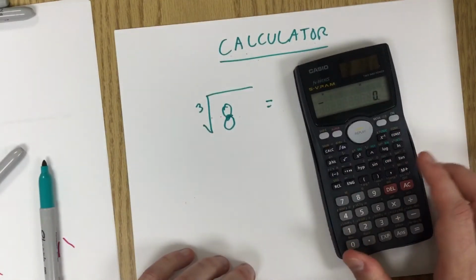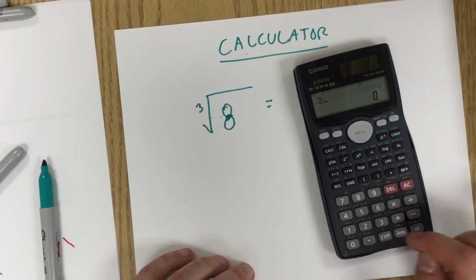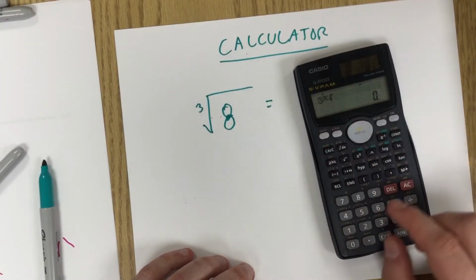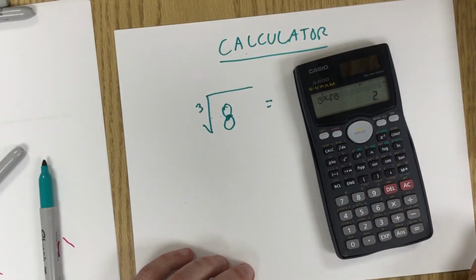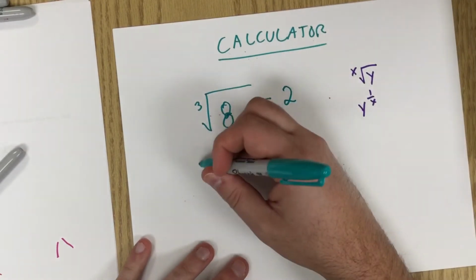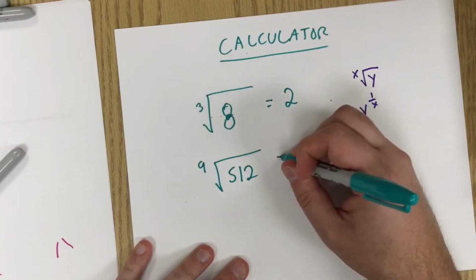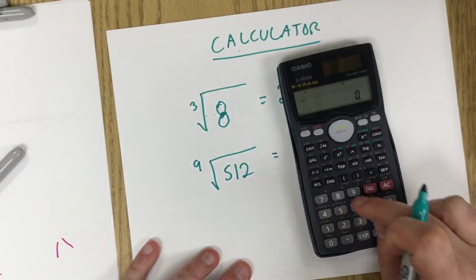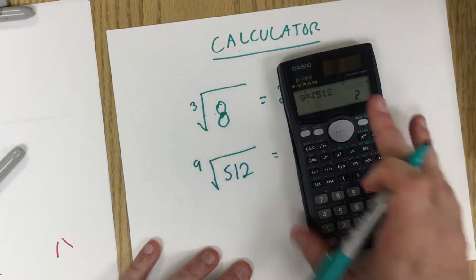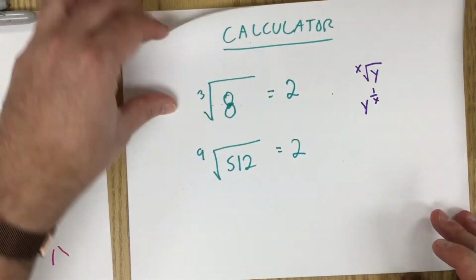On the calculator I have here, it's going to be this button over there. So you type in the root, describing the type of root it's going to be. It's going to be the third root of 8, and it's going to be 2. If I want to know what the 9th root of 512 was, I would type in the 9th root of 512, also 2.